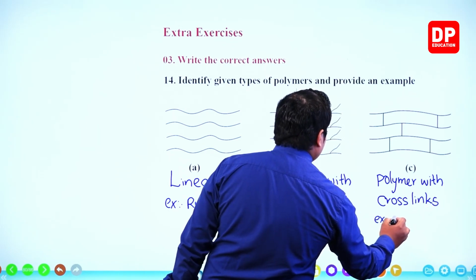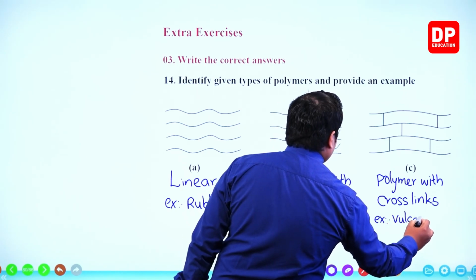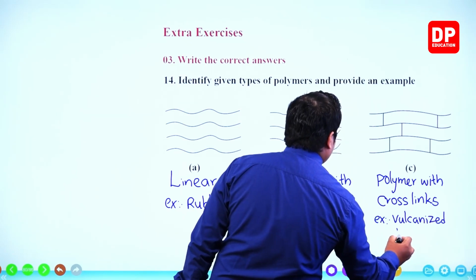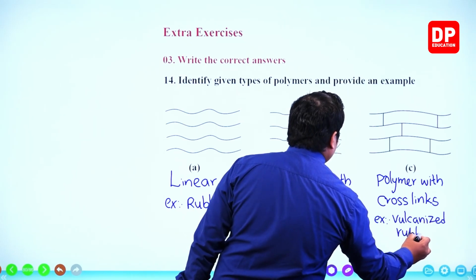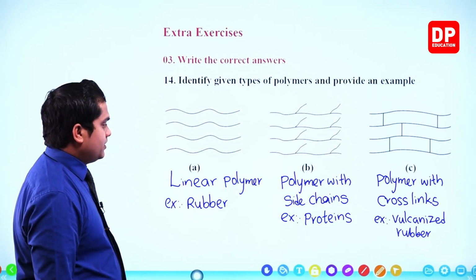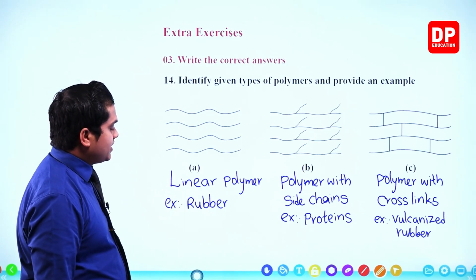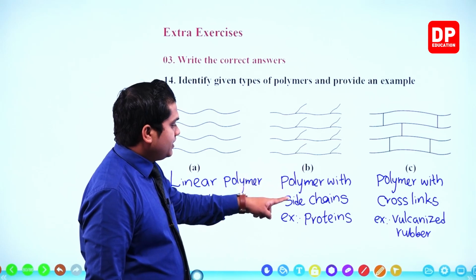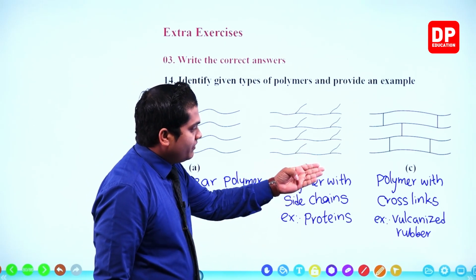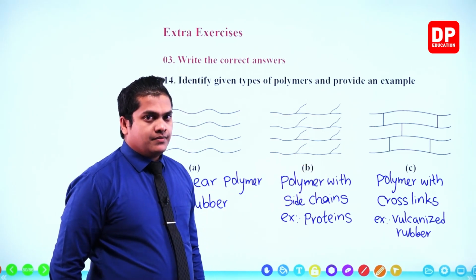Example, vulcanized rubber. So this is a linear polymer, my dear children. Rubber is an example. This is a polymer with side chains. Proteins are examples. Polymer with crosslinks, the third one. Vulcanized rubber is the example.